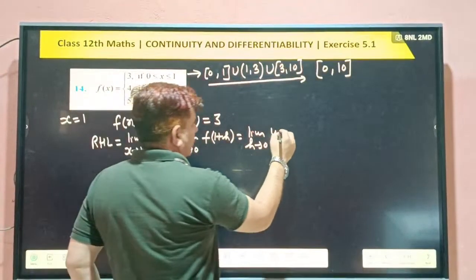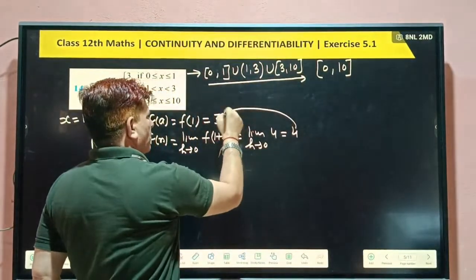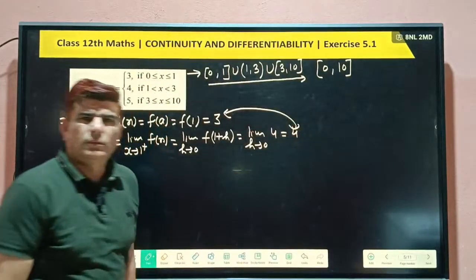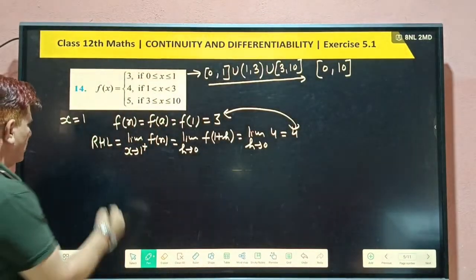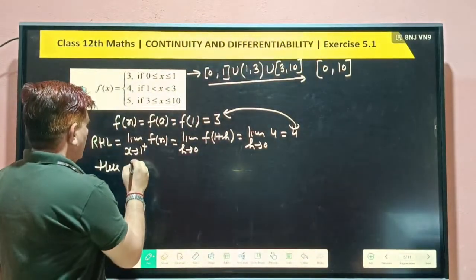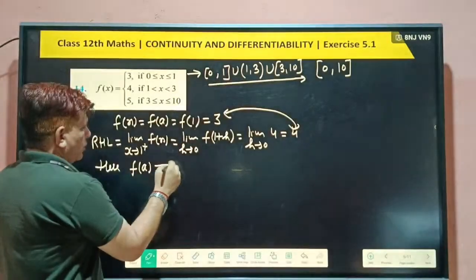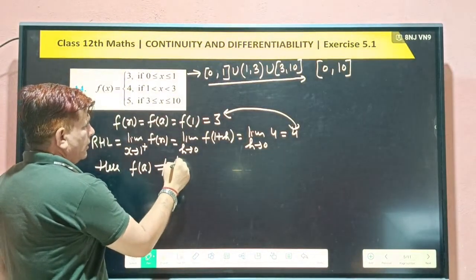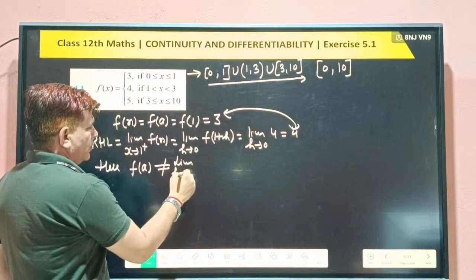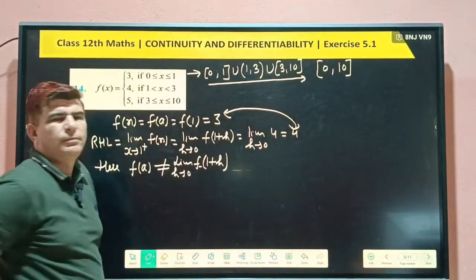What's coming? 4. Are these equal? Not equal. Here f(a) is not equal to limit h tends to 0 of f(1 plus h).